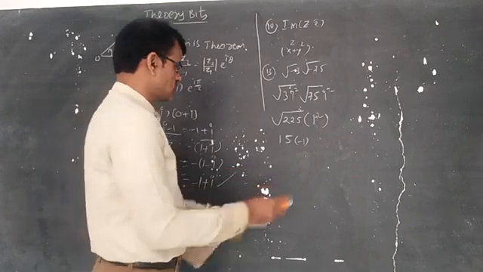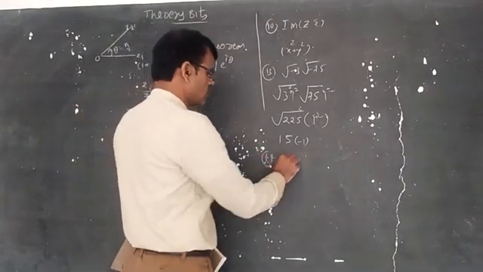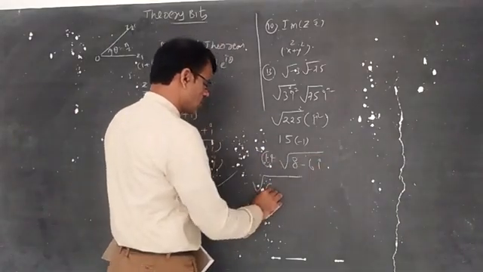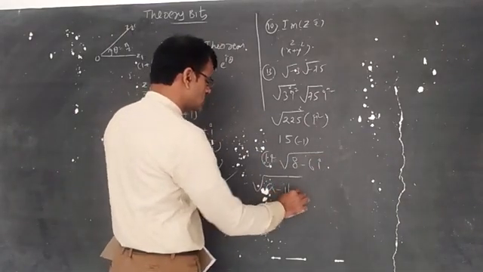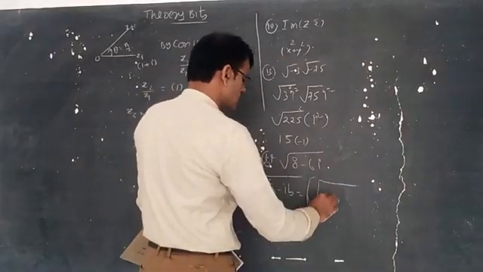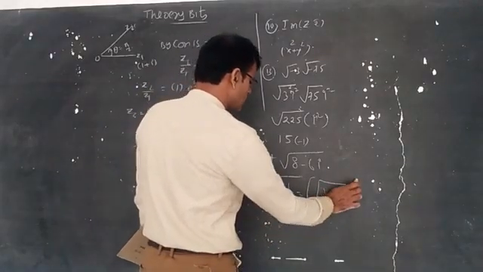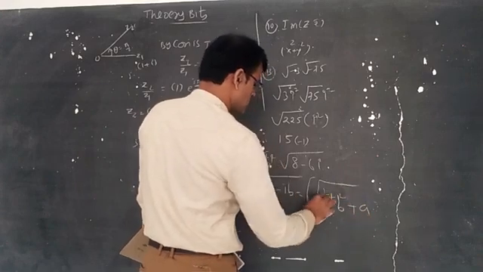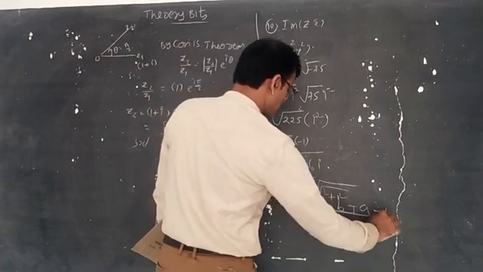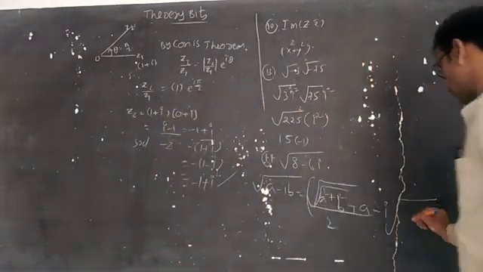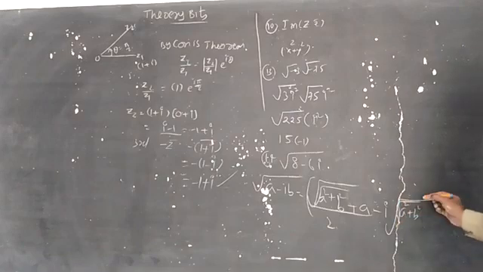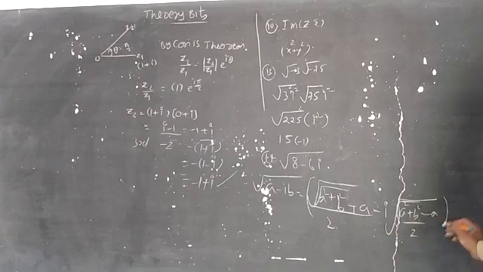Next one, square root of 8 minus 6i. Let us remember the formula. Root of a minus ib is equal to plus or minus, root of square root of a square plus b square plus a over 2, minus i into root of square root of a square plus b square minus a whole by 2.